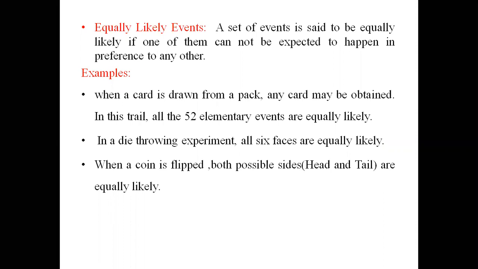Similarly, take a dice. 6 faces are there. The probability of getting 1 is 1 by 6, 2 also 1 by 6, 3 also 1 by 6, 4 also 1 by 6, 5 also 1 by 6, 6 also 1 by 6. So all the 6 events carry the same probability, so we can say those events are equally likely events.